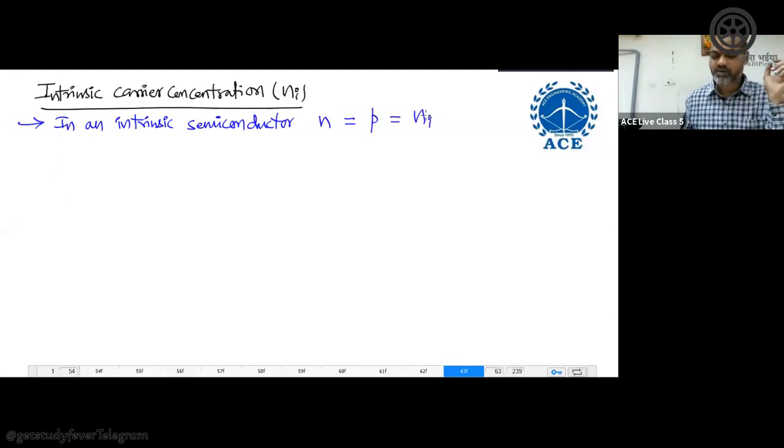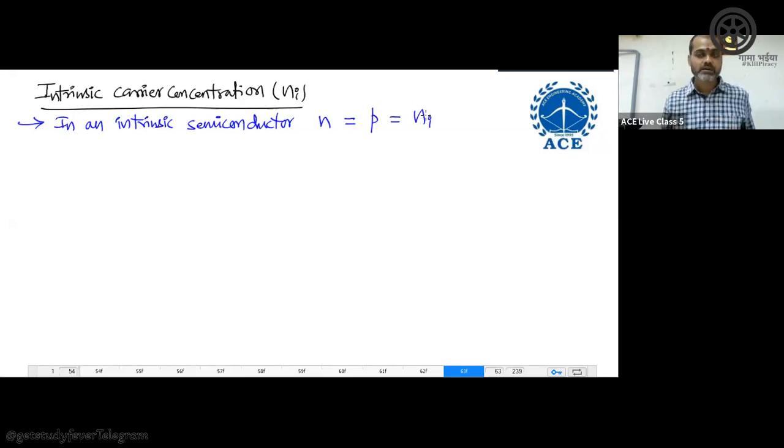Now some of you are asking doubts about what N and P represent. What is N going to represent? How many electrons are present in the conduction band? Nothing but the free electrons. And P is what? How many holes are present in the valence band? And this must be the same. That is why we are writing N equal to P.